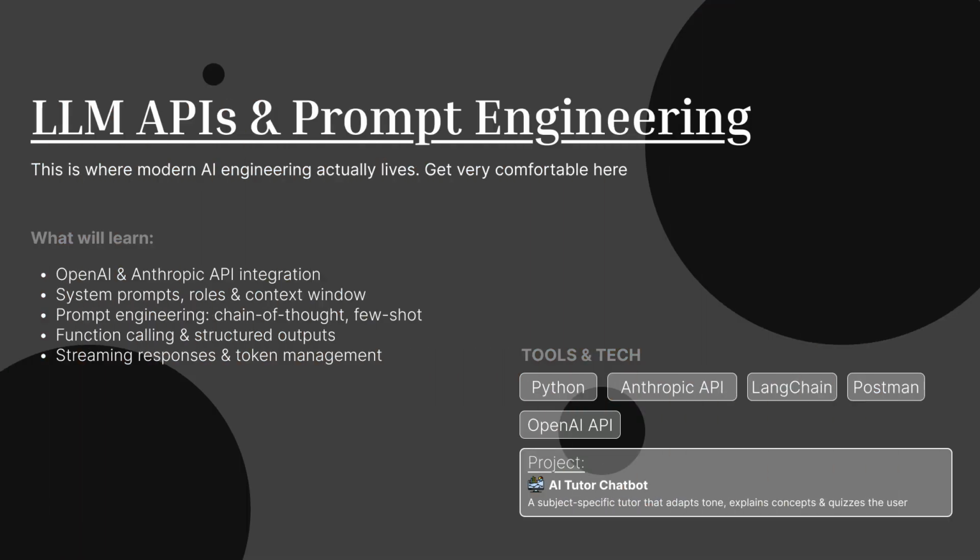Next up is phase 3. LLM APIs and prompt engineering is where things get exciting, for me at least. This is the core of what AI engineering is right now and what's trending on the internet. I'm talking about directly working with large language models like OpenAI's APIs and Anthropic, learning how to write effective prompts using function calling, handling responses, and managing context windows.